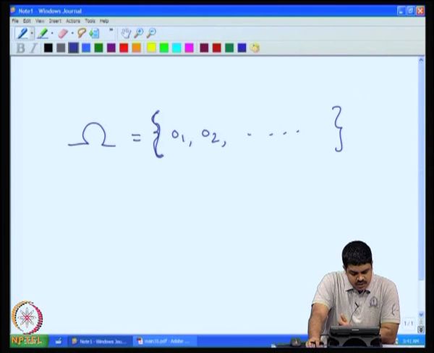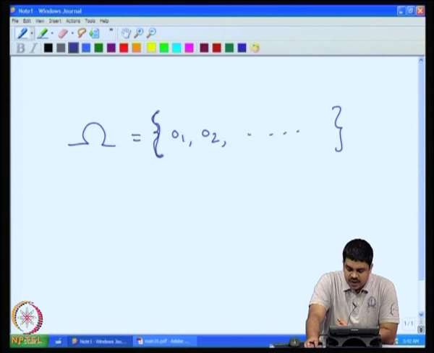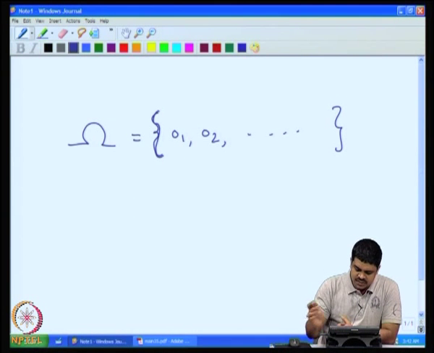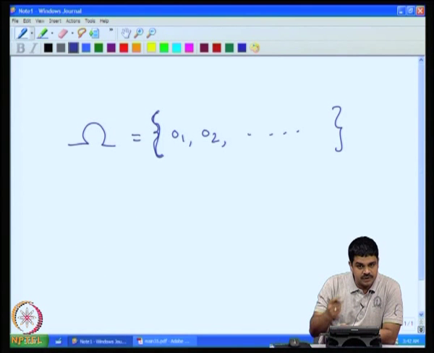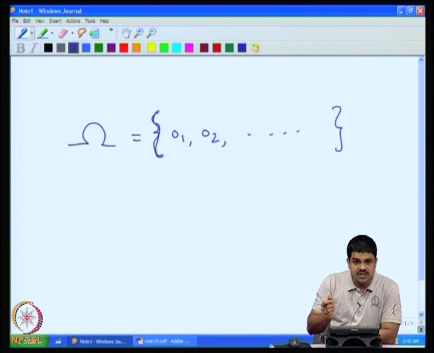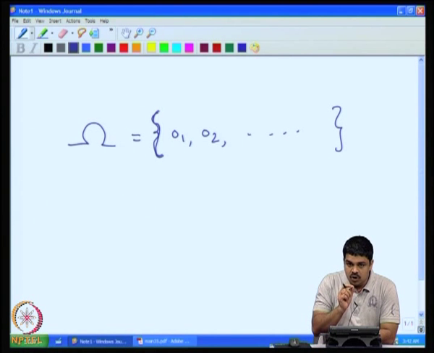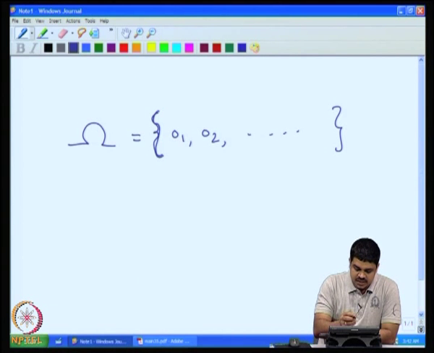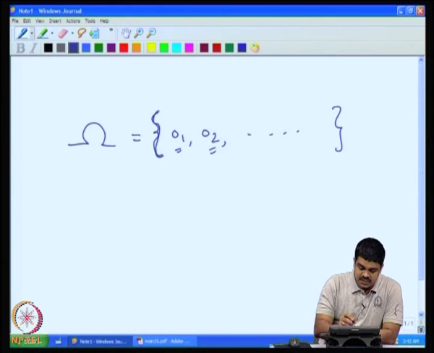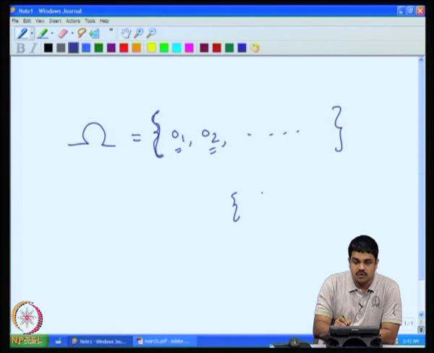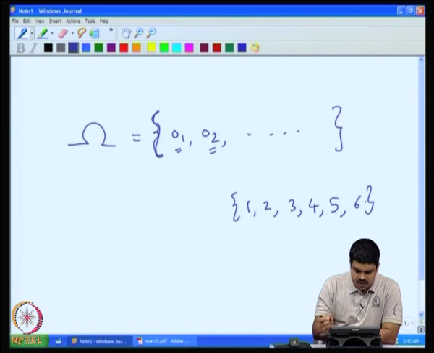So we just have to say that there is this set of outcomes. If I conduct an experiment like tossing a coin, these are the only possible outcomes that can happen. For instance, this can be the outcome that a head turned up, this can be the outcome that a tail turned up, or if it is the tossing of a dice, it can be the number on the face that turned up, like 1, 2, 3, 4, 5, 6.